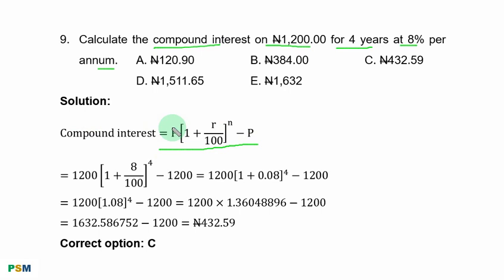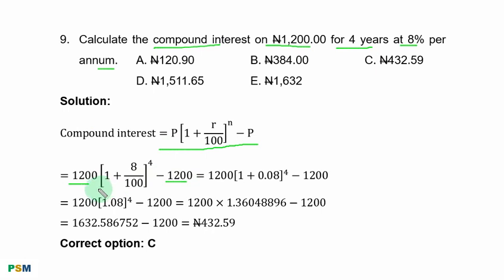P is the principal, 1,200, bracket open, 1 plus r over 100, r is the rate, that is 8, bracket close, to the power of n, the time duration, that is 4, minus the principal.